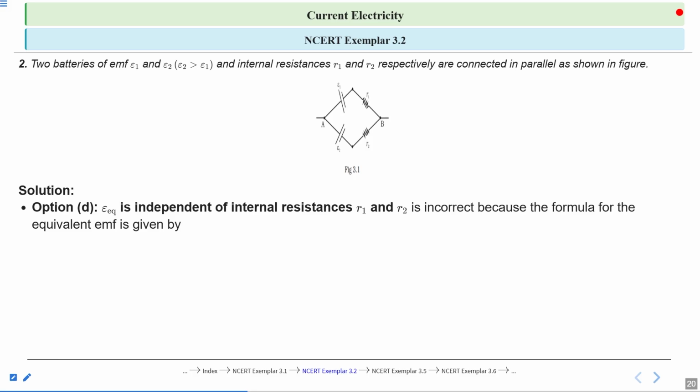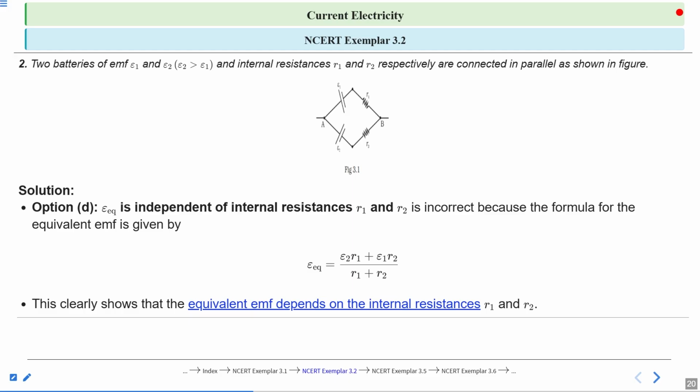What was option D? Epsilon equivalent is independent of internal resistance R1 and R2. This is incorrect also, because the formula for equivalent EMF is given by this formula. This clearly shows that equivalent EMF depends on the internal resistance R1 and R2 also.